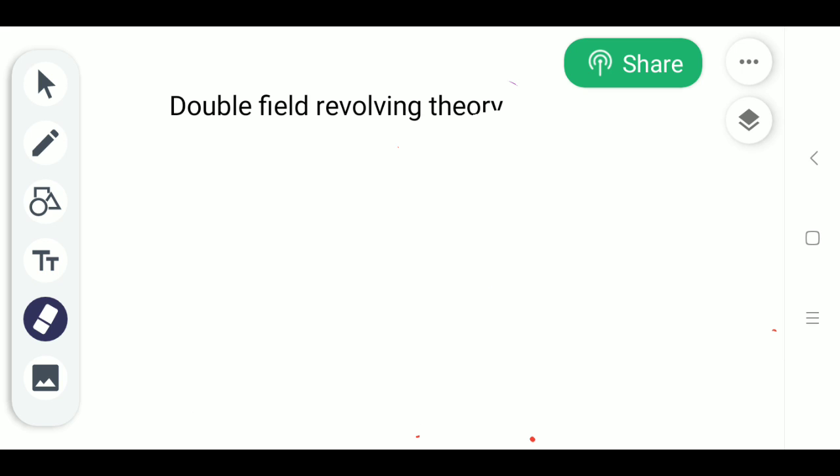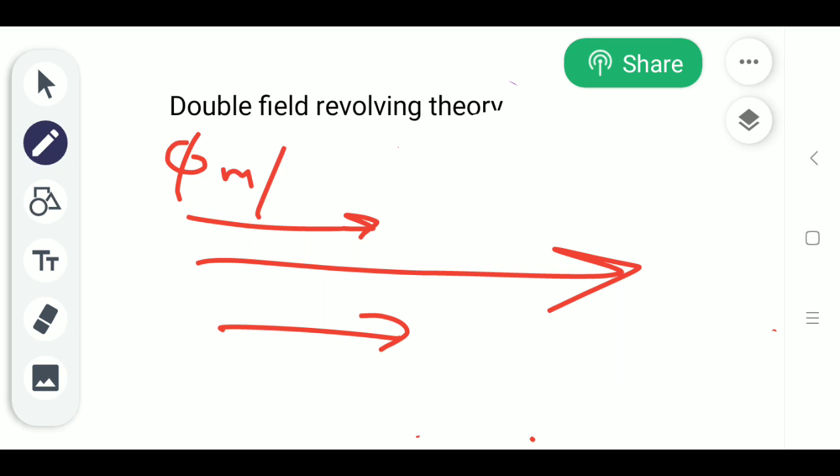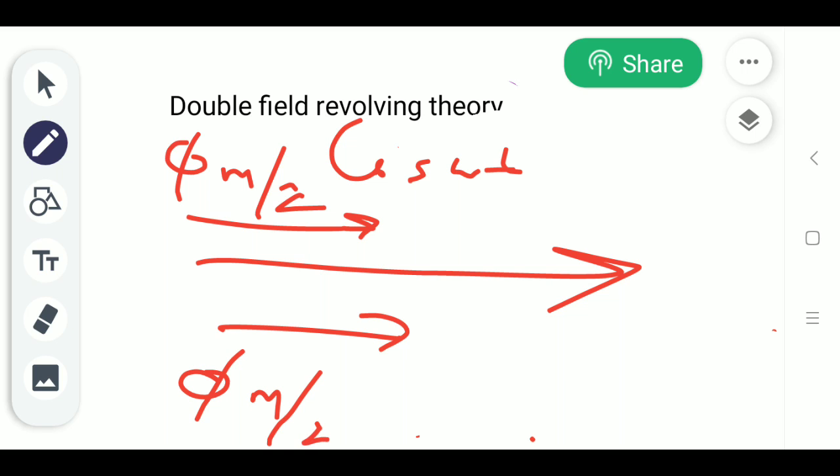This flux in the horizontal direction, we would like to split into two, each phi m by 2 cos omega t.